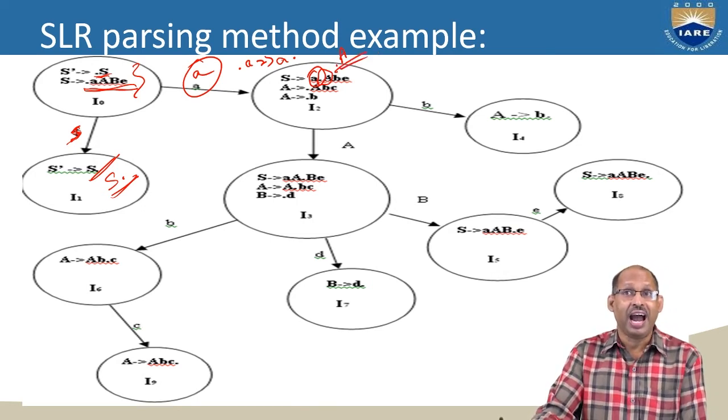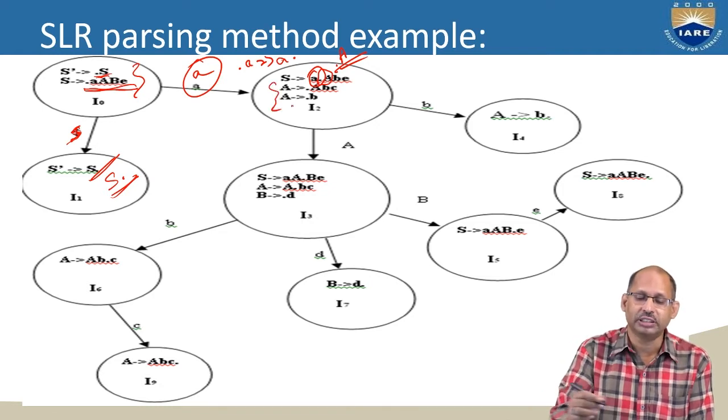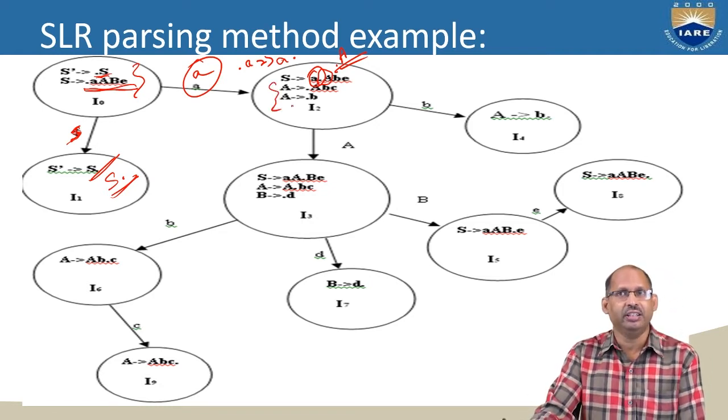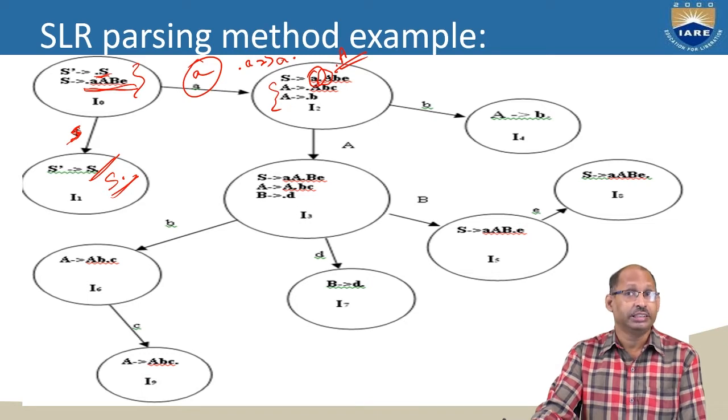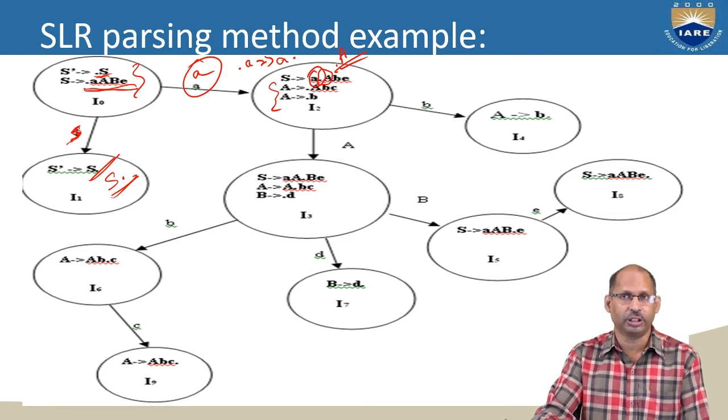So, add the A productions. Since the dot is followed by capital A, simply add those A productions. What are the A productions? We have two productions.